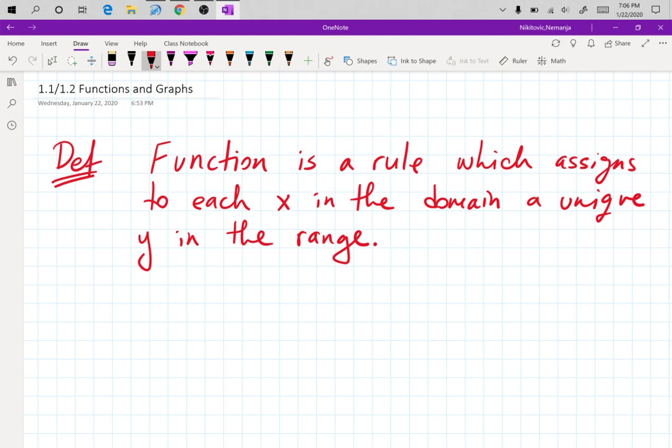Words to underline in this definition are rule, domain, range, and the word unique gets underlined twice.